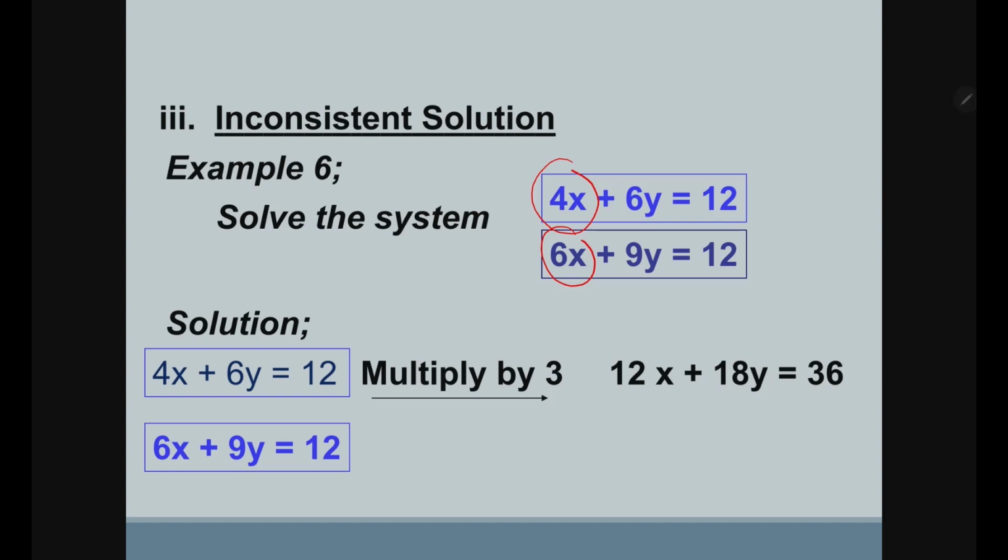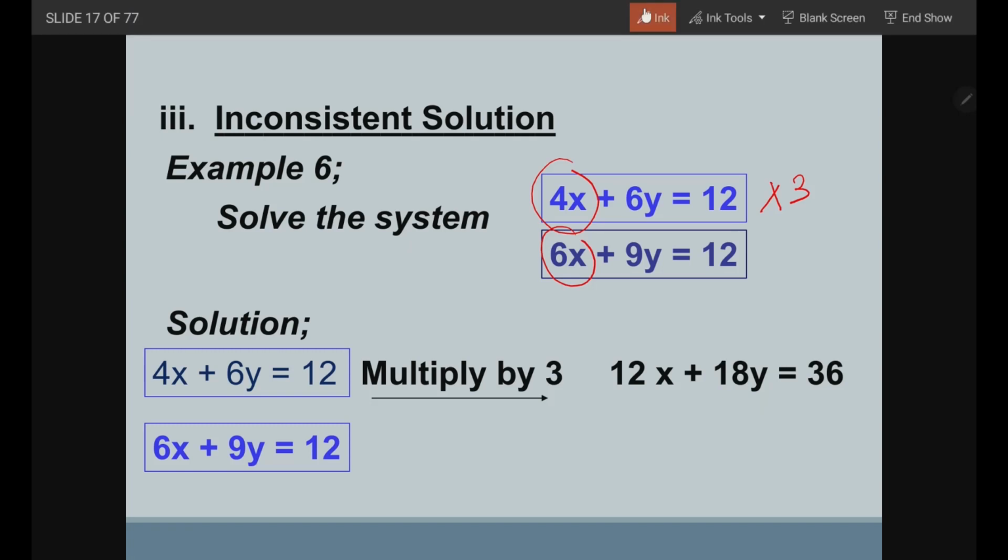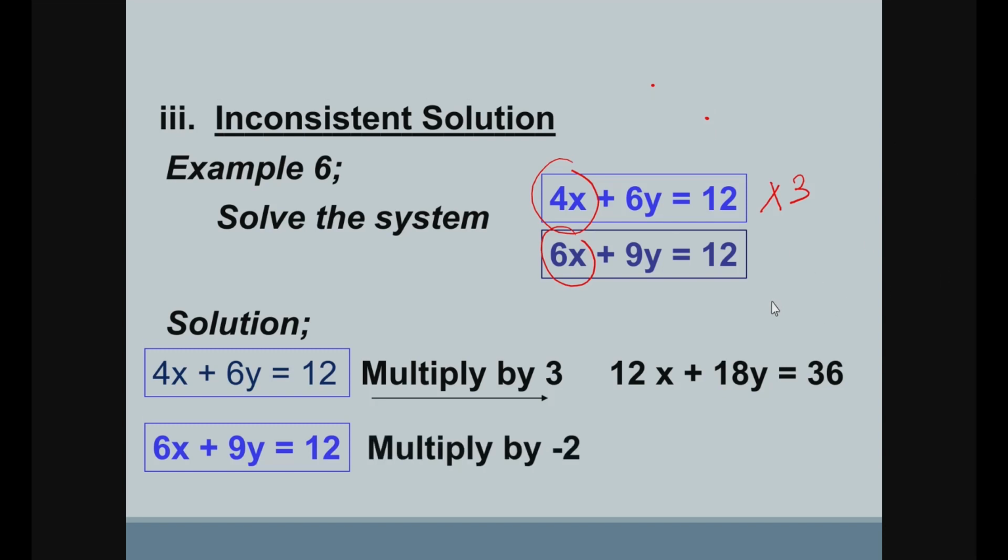For the first equation, we multiply by 3, and the second equation we multiply by 2. We want to cancel out, so we multiply by -2. So here 12 minus 12 will be 0, so we can cancel out.